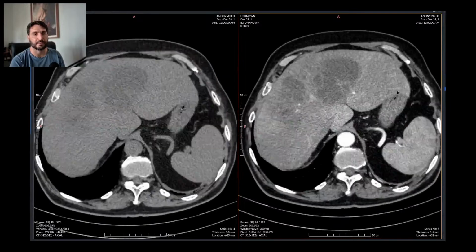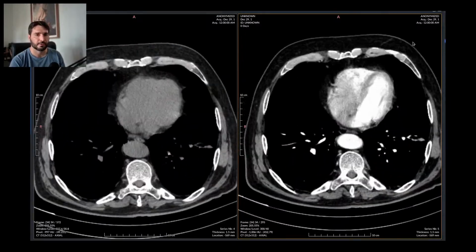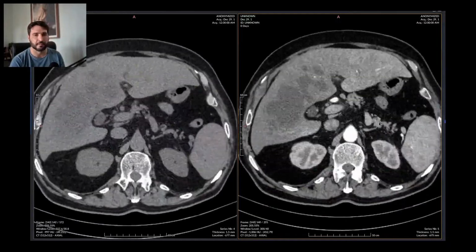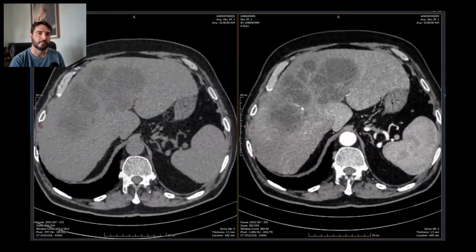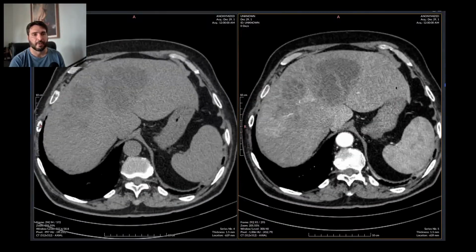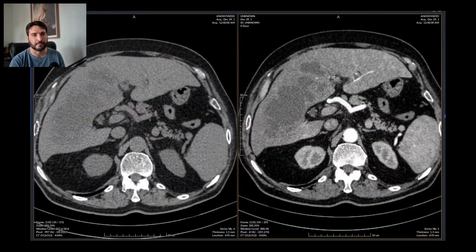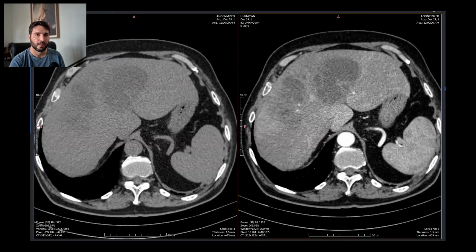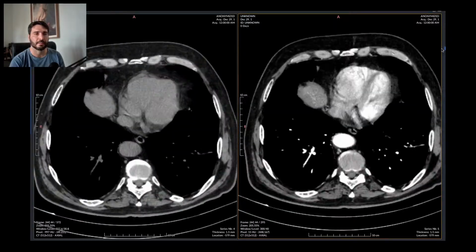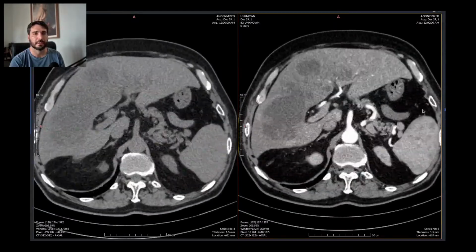This is ideal if we are looking for solid masses, liver solid masses, and pancreatic masses. If the lesion is hypervascular, it is primarily enhanced by contrast on the arterial phase by the liver arteries.